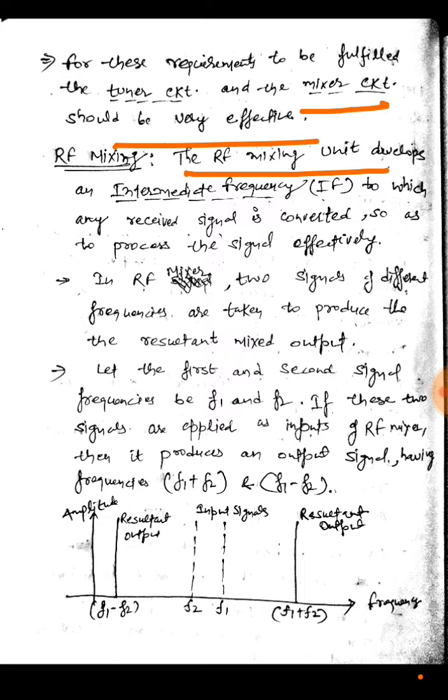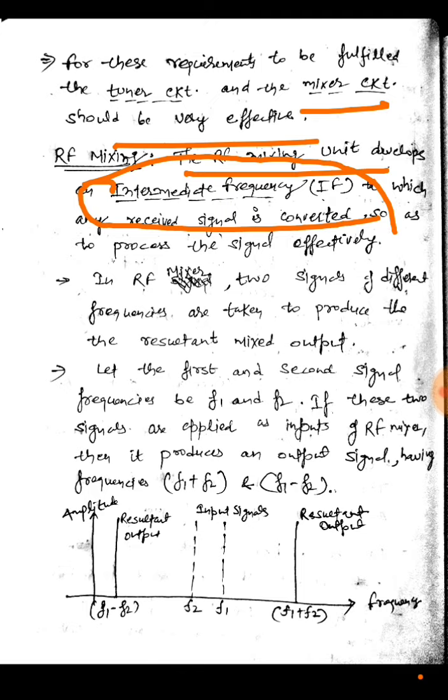Whatever frequency our receiver receives, it converts it to an intermediate frequency for further processing, using which it can get the required modulating or message signal, which is the audio signal in this case.